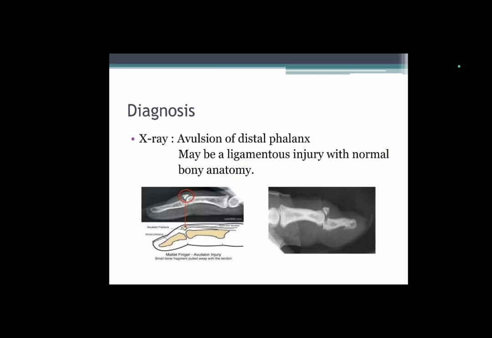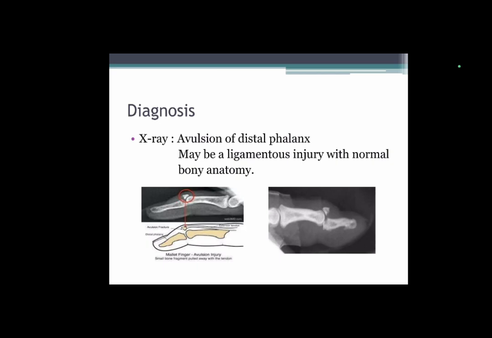The clinical features of jersey finger usually appear immediately after the injury. Patients often complain of sudden pain and swelling on the palmar side of the finger. The most common characteristic finding is an inability to actively flex the distal interphalangeal joint because the flexor digitorum profundus tendon has been avulsed.